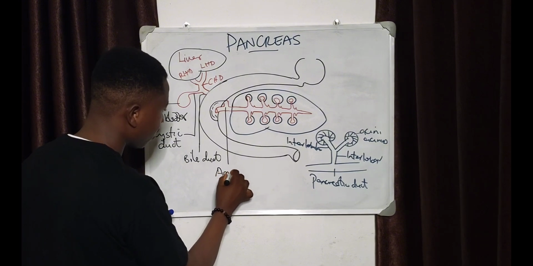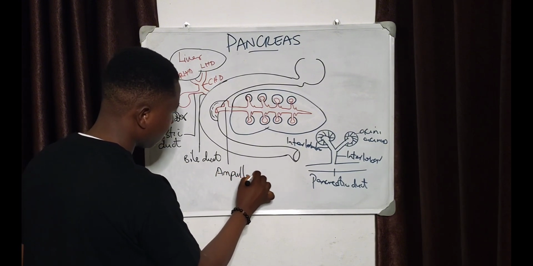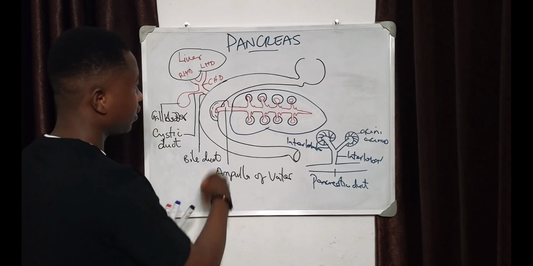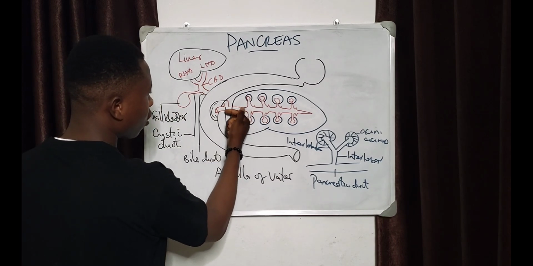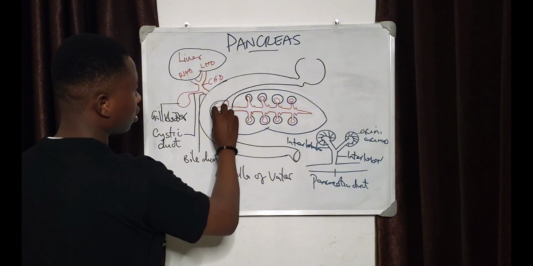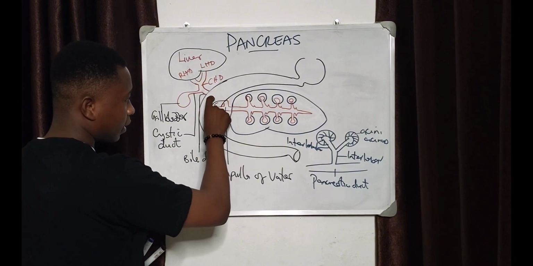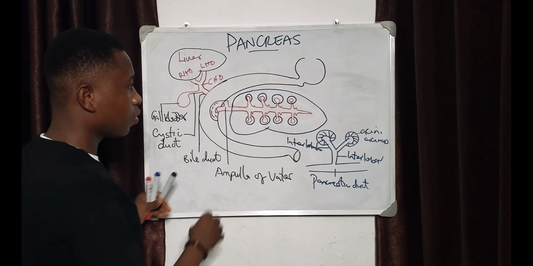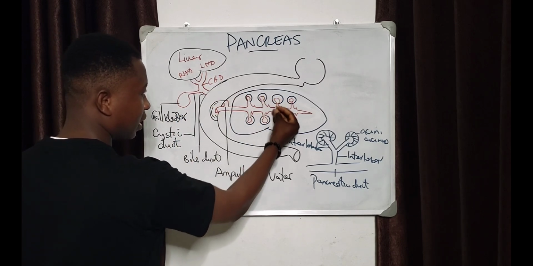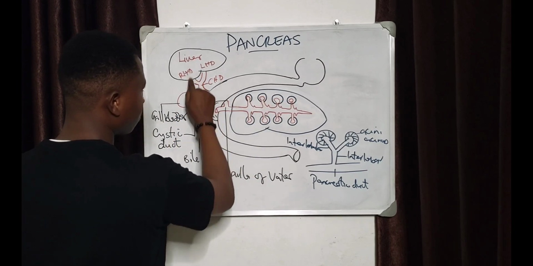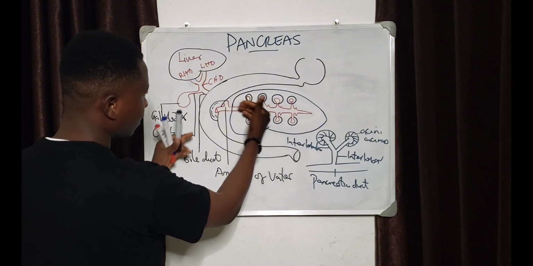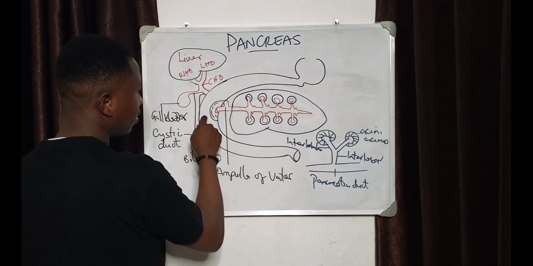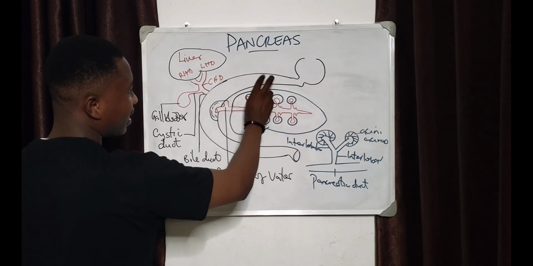Right, so it meets there and opens up to the sphincter here. This sphincter is known as the sphincter of Oddi. So everything that is released by these ducts, both the liver and that of the pancreas, they meet at the ampulla of Vater and they are emptied into the intestine.